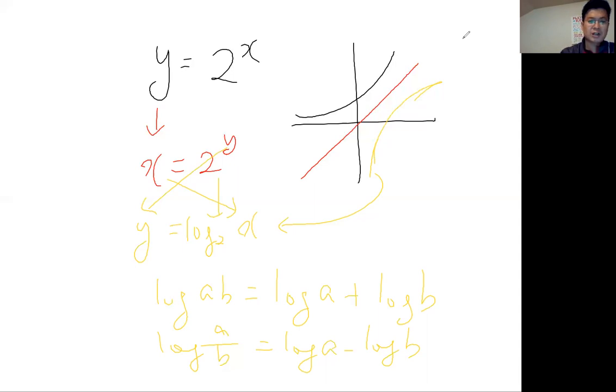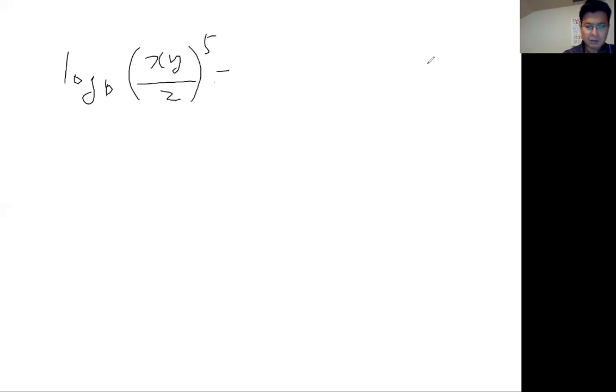Let's try this given question on the bottom, and then we can understand more of this log property. Log base b of x y over 2 to the 5th power is equal to 5 log base b of x y over b.